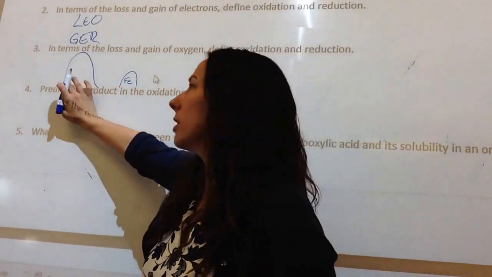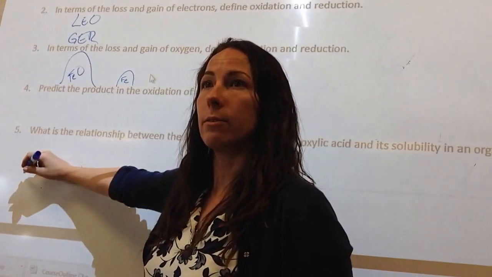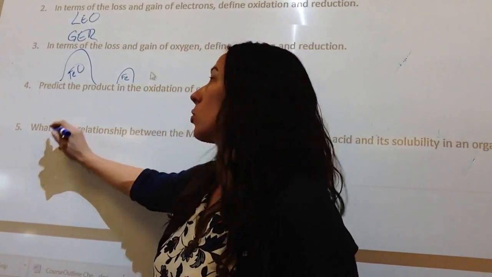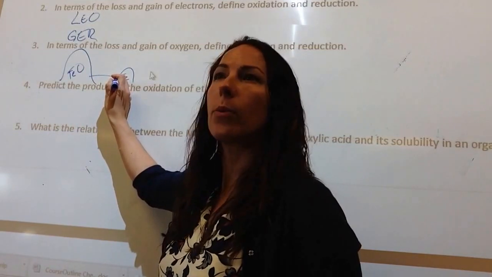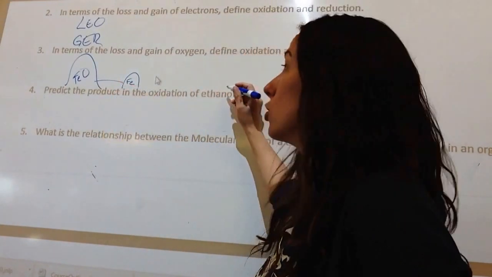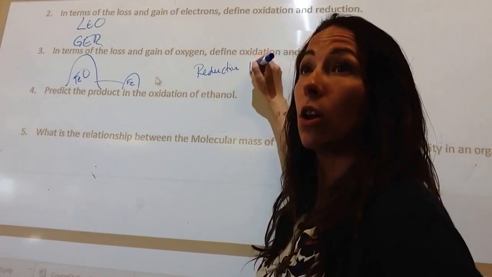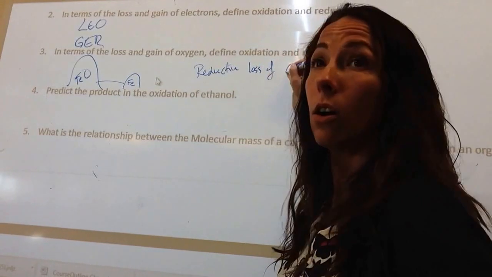And in the rock, what's in the rock? Iron oxides. So the size is reduced, and what happened to the oxygen? Lost, it's left. So reduction is loss of oxygen.